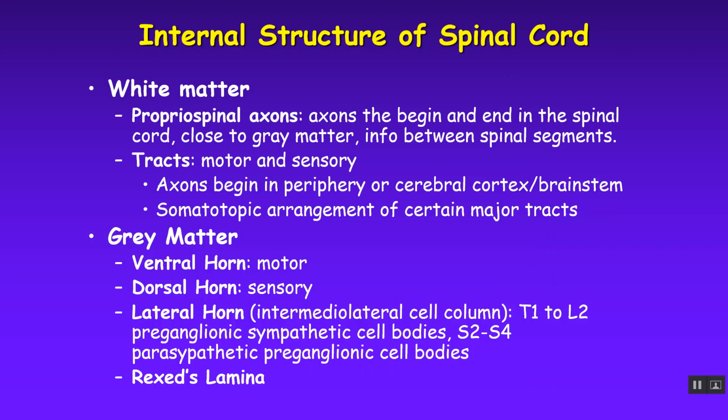Internal structure of the spinal cord: white matter is mainly on the outside, and the gray matter is in the middle. We've talked about the tracts, so there are tracts that have motor and sensory information running up and down within the white matter. There are also some tracts that run just between spinal segments, that help communicate between multiple levels, especially when you do complex motor activity like walking.